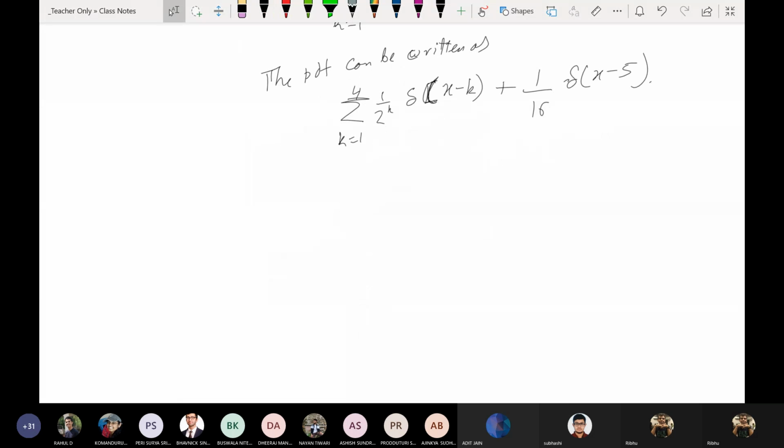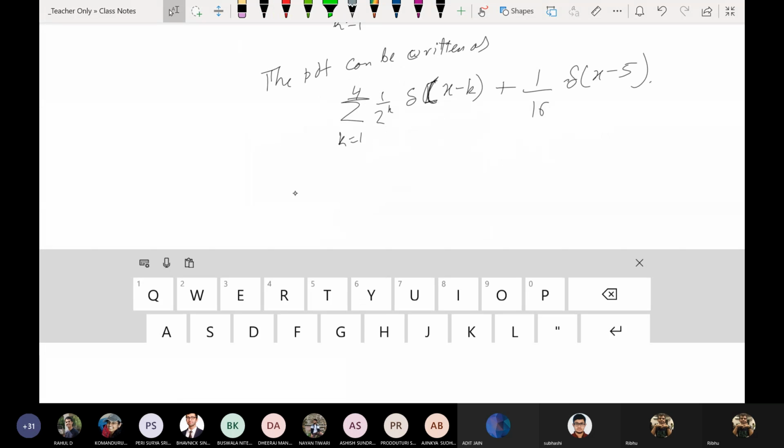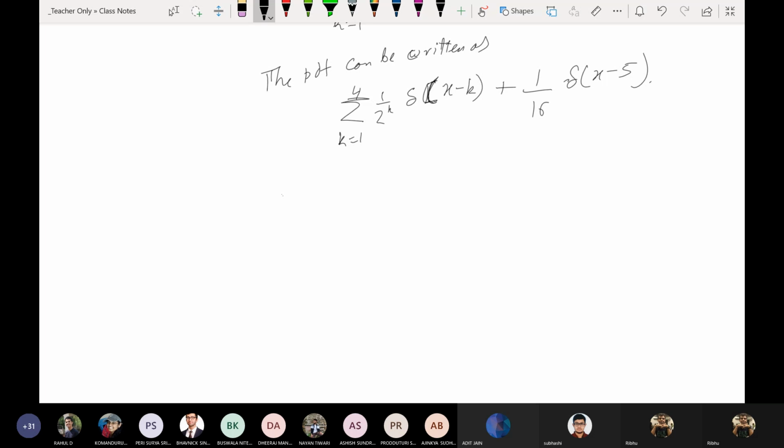So say you have an experiment that I toss a coin. If I get tails, the output is 0.